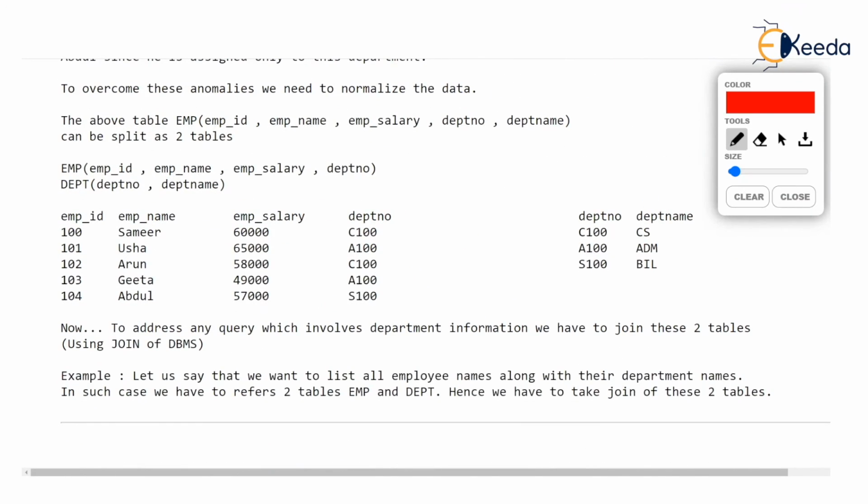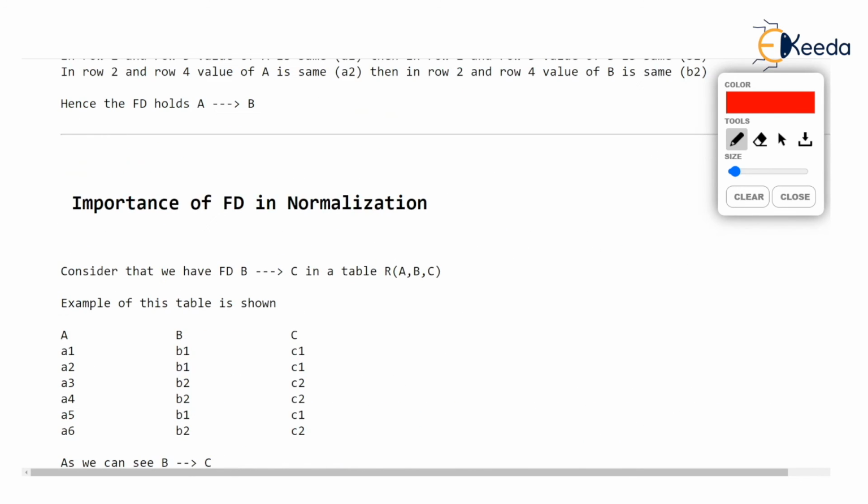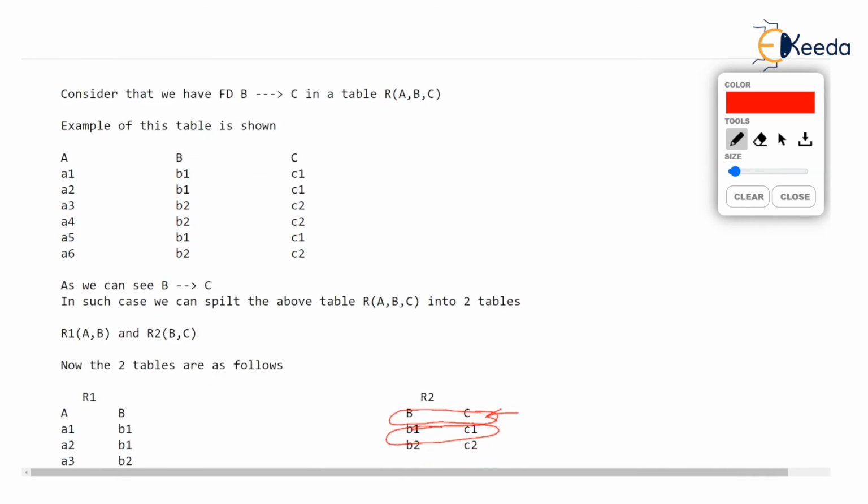You can see these were the two tables that we created, and this was due to functional dependency: if department number determines department name, why not put department number and department name in one table, so that we will reduce the redundancy of typing CS or ADM again and again, or storing these department names again and again. So that is what functional dependency is, and that is how we use FD for normalization.